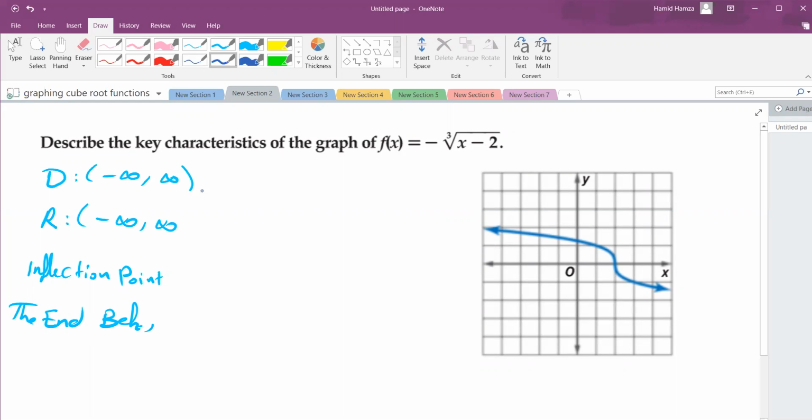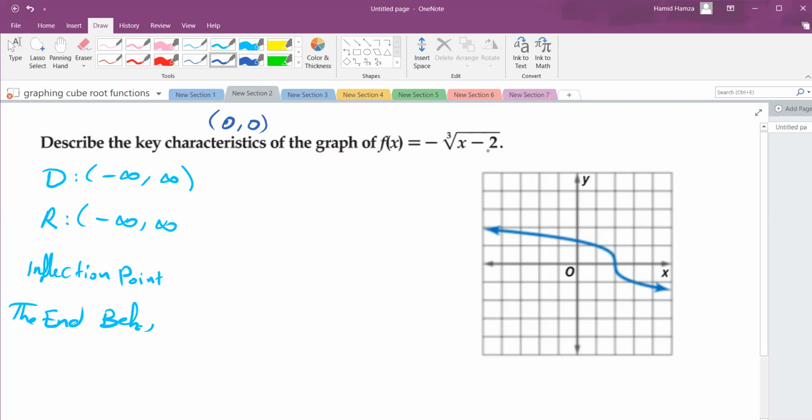Now, what about the inflection point? The parent function's inflection point is 0 and 0. The translation will affect the inflection point, so we study the translation that happened with this one.